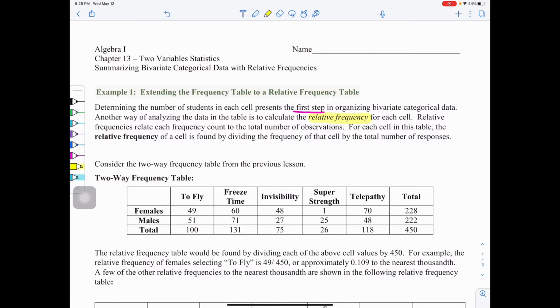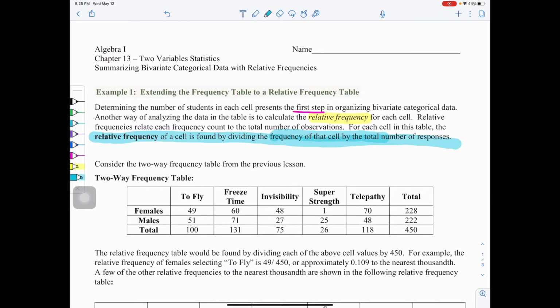For each cell in this table, the relative frequency of a cell is found by dividing the frequency of that cell by the total number of responses. So I'm going to highlight that there. So that's important. As numbers are in the table, they could be misleading because let's say to fly, 49 females chose that out of 228.